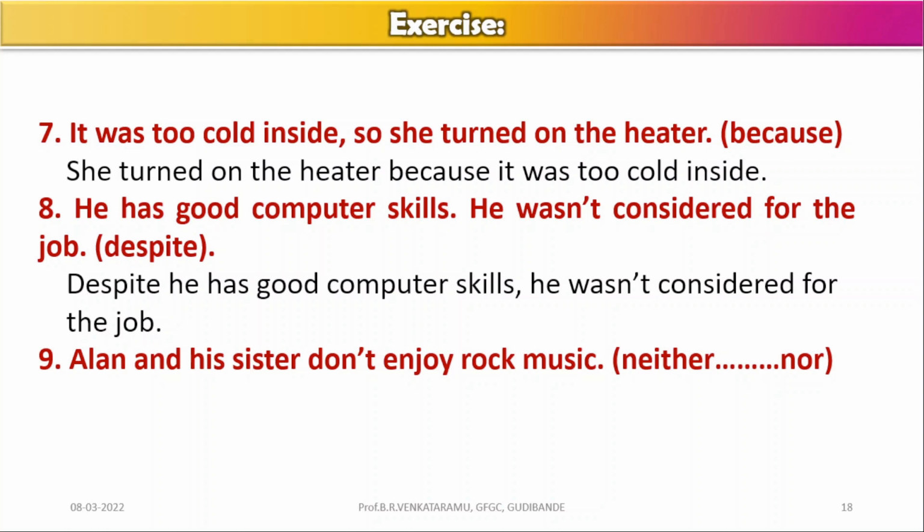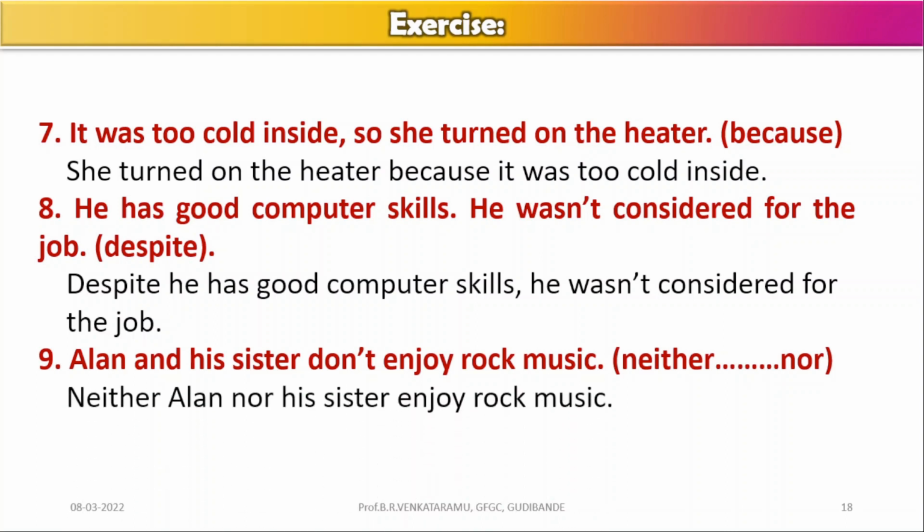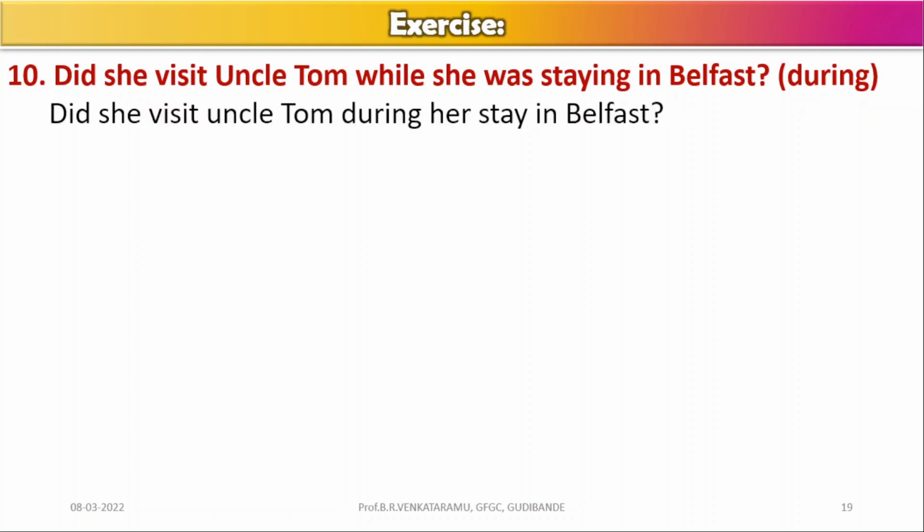Within the bracket it's given neither nor. Well, by the use of this linker, you can rewrite as neither Alan nor his sister enjoy rock music. Here it's given as did she visit Uncle Tom while she was staying in Belfast? In the bracket it's given during. Well, you can rewrite the sentence as did she visit Uncle Tom during her stay in Belfast?